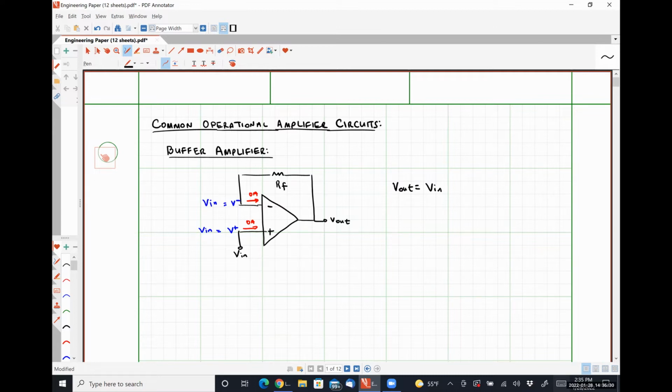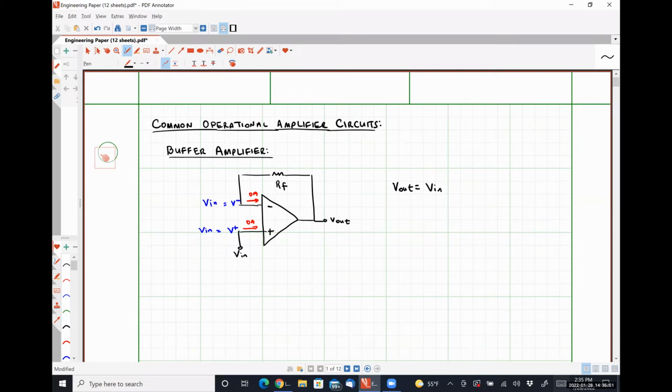Now you may be asking yourself, what's the use of an amplifier that simply returns your input signal as your output signal? So this amplifier is used to isolate signals because it has a very, very large input impedance.